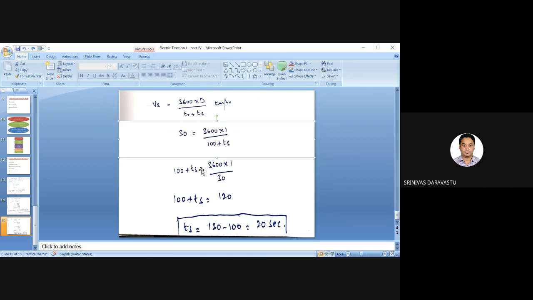Now 100 plus TS is equals to 3600 into 1 by 30. So 100 plus TS is equals to 120. So TS equals 120 minus 100, that is equals to 20 seconds.